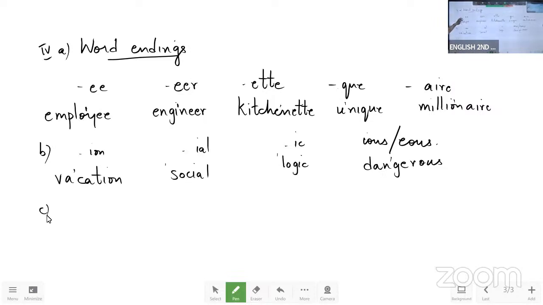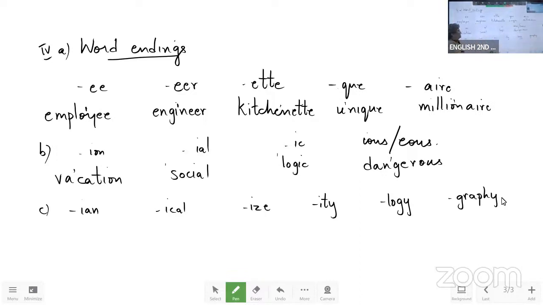Now coming to the third. First one has 5, second has 4, third one has 6. I-O-N, here it is I-A-N. I-A-L, I-C-A-L. Then I-Z-E, I-T-Y, L-O-G-Y, and G-R-A-P-H-Y.